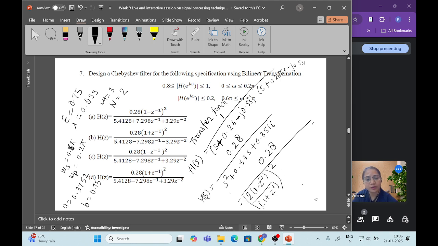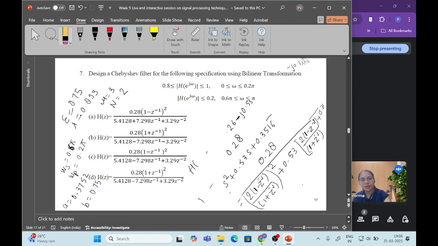T is 1, right? Plus 0.53 multiplied by s, that means in bracket 2 into (1 minus z inverse) divided by 1 plus z inverse, plus 0.3516.